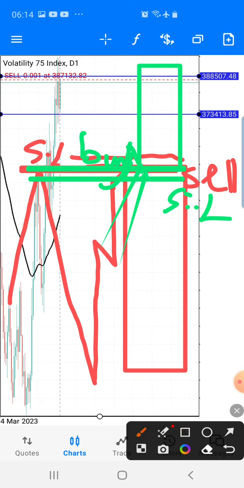Retest traders will also buy at that zone, so you have a lot of buy orders there. Their stop loss is below that support zone, because the resistance has now been broken and turned to support.